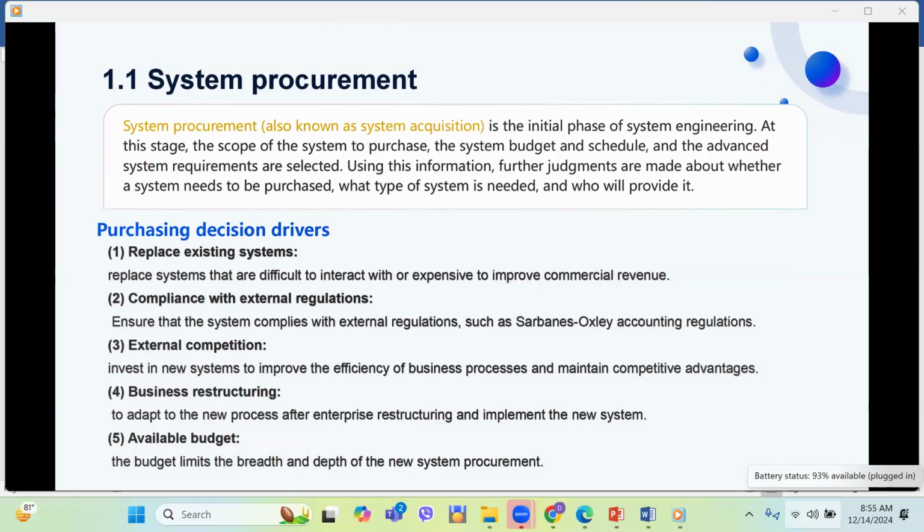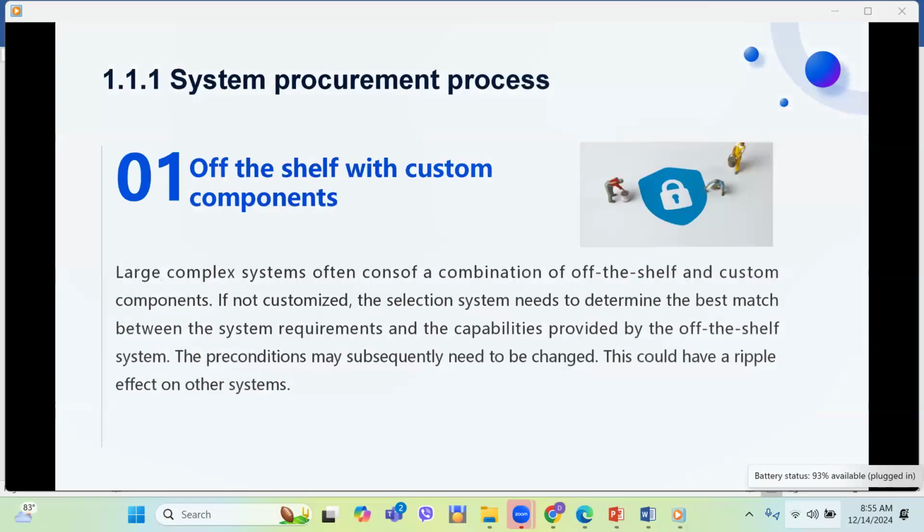External competition. Invest in new systems to improve the efficiency of business processes and maintain competitive advantages. 4. Business restructuring. Implement a new system to adapt to the new processes after enterprise restructuring. 5. Available budget. The budget limits the breadth and depth of the new system procurement.